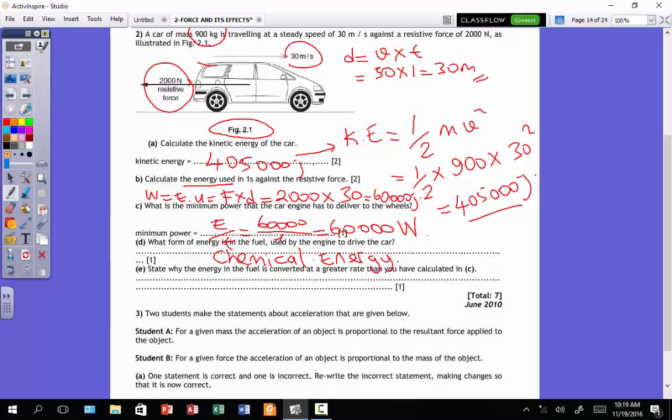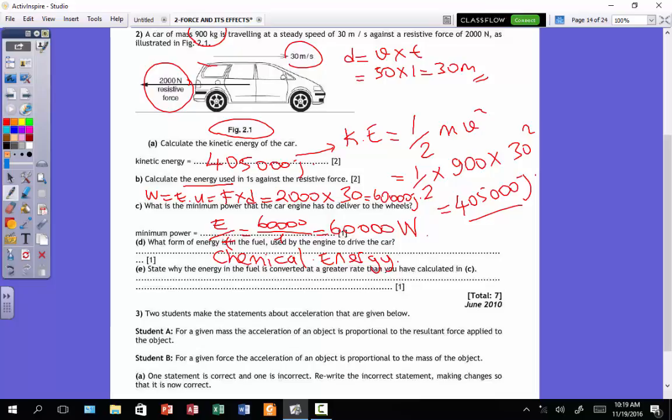State why the energy in the fuel is converted at a greater rate than you have calculated in C. In this part, we have to think about the idea of energy loss.